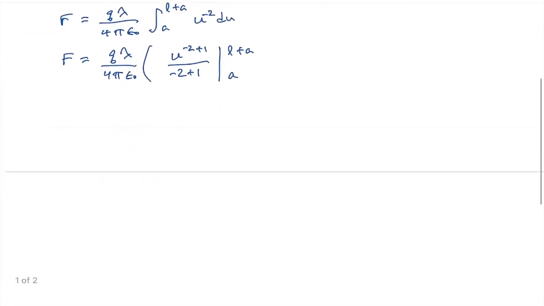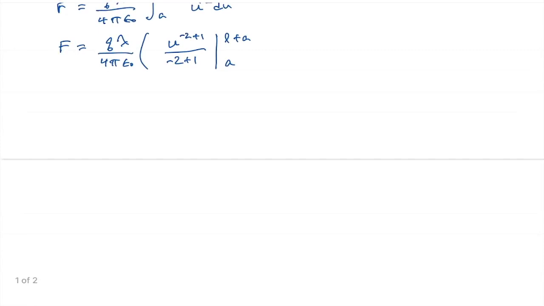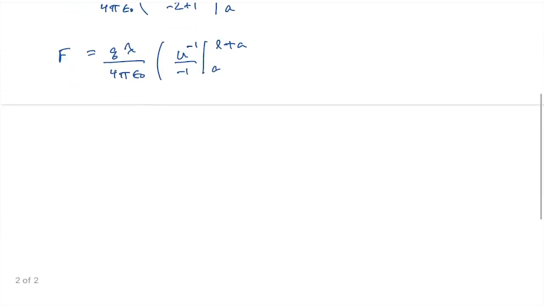Okay, let's write what that is. So we have F is q lambda over 4 pi epsilon 0. Okay, minus 2 plus 1 is just minus 1. So we have u to the minus 1 over minus 1, and we need to evaluate it. It's a good idea to factor out the minus 1.